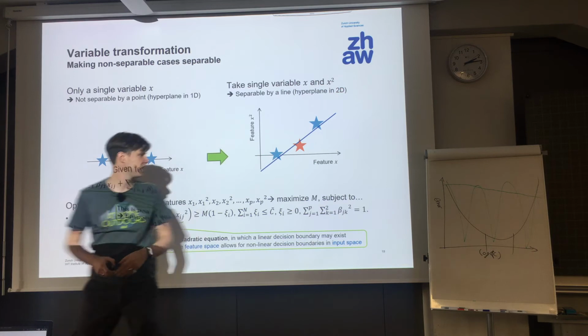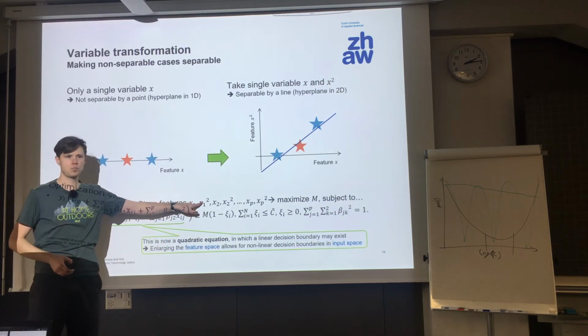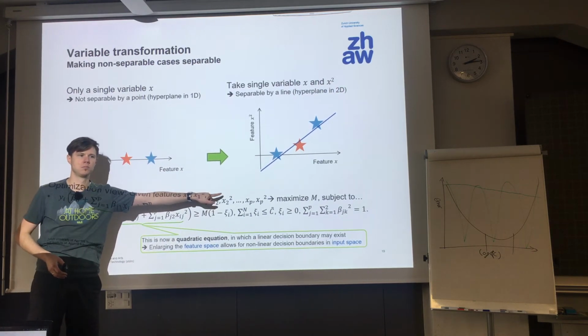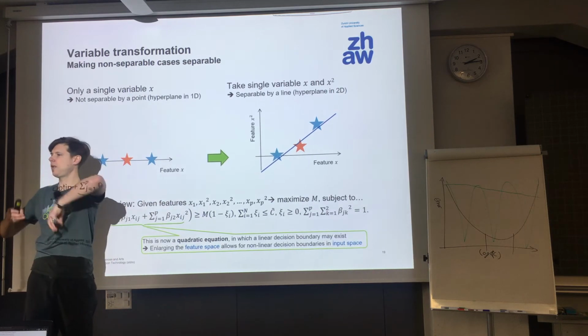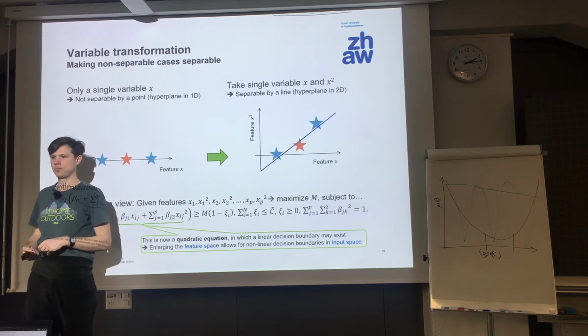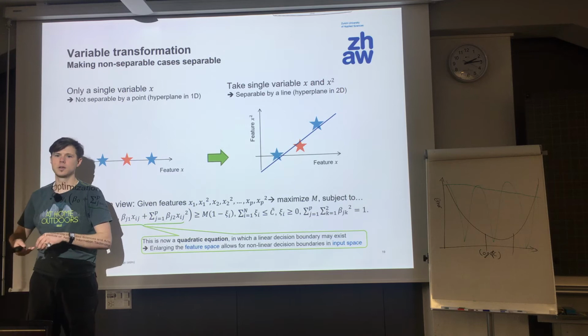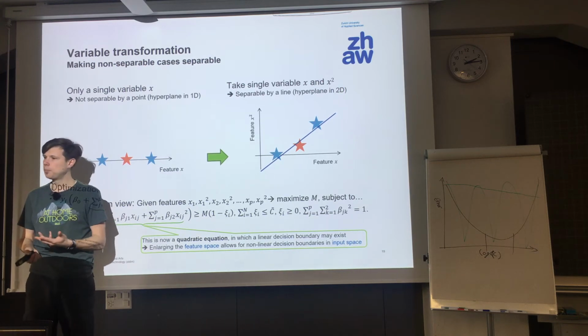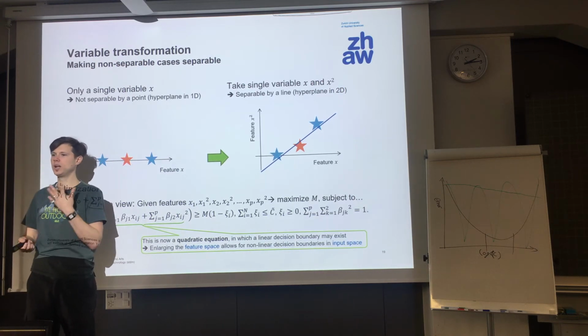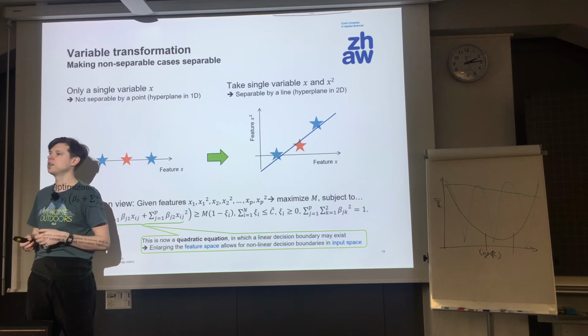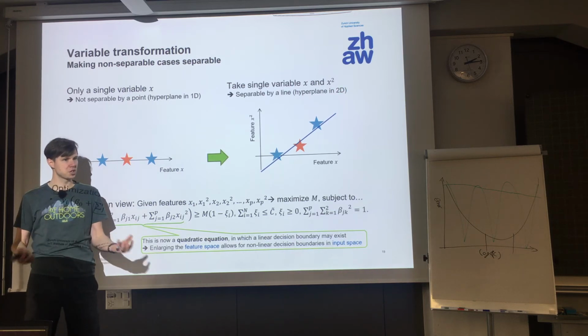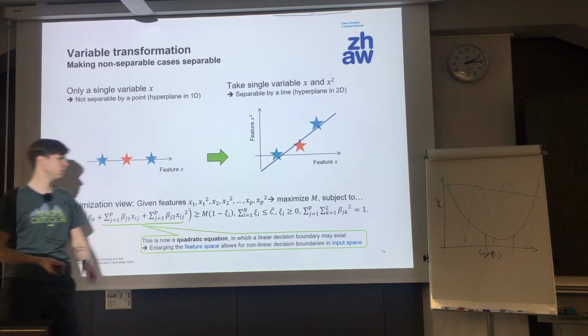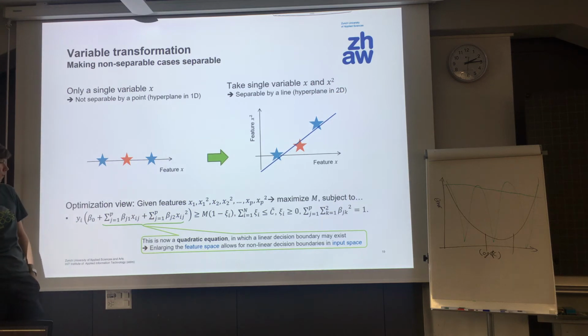For example, we can add the square features. Or we could add any degree of polynomial features. And at some point, by adding features, you will arrive at a space where the data is linearly separable. It's just a question of whether it makes sense, but it's always possible.